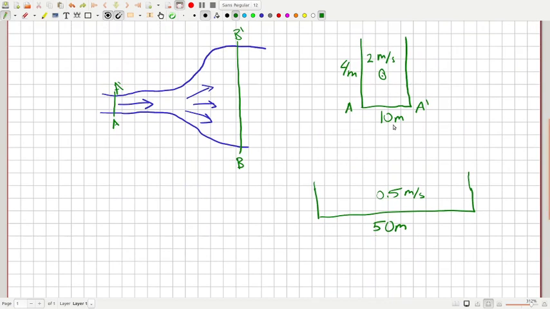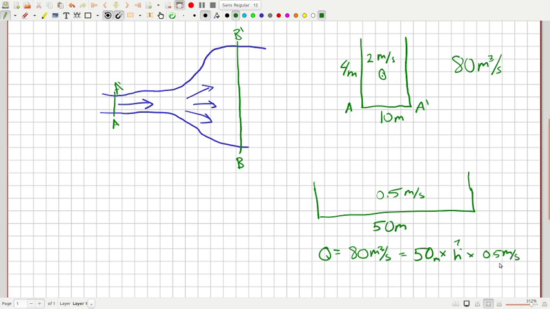Starting out here, we have 10 meters times 4 meters times 2 meters per second. So 1 times 4 times 2 is 8. With a 10, that's going to be 80 cubic meters per second. Over here, we have 50 meters, and then half of a meter per second. So Q is going to equal 80 cubic meters per second, which equals 50 meters times h, which we don't know, times 0.5 meters per second.